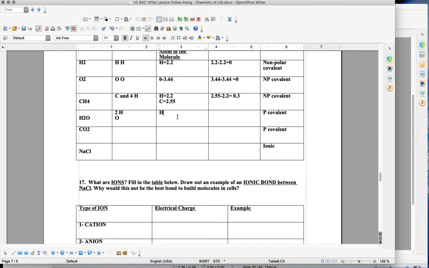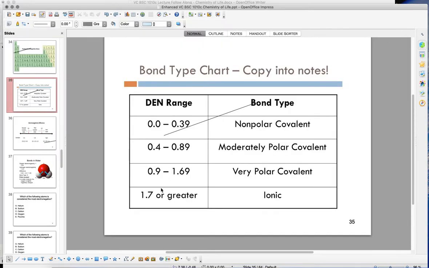Hydrogen, we said, is 2.2, and oxygen is 3.44. I'm just getting that information from the other chart. So in this case, we've got 3.44 minus 2.2 equals 1.24. So if you look at our chart here, 1.24 is going to be polar covalent. Okay, so polar covalent for that one.